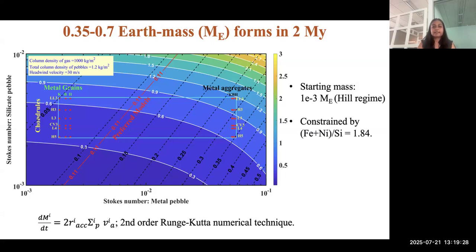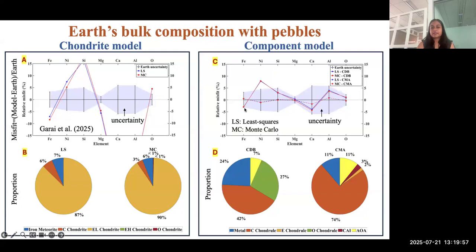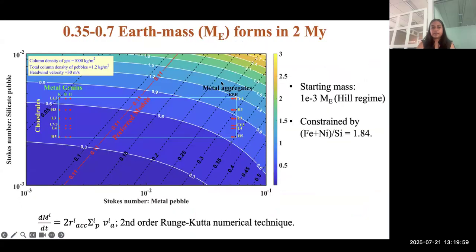Now, this red straight line is our preferred model. It is the model which matches the Earth-like iron to silica ratio, which is 2.06. So I'm starting my model from a solar-like iron to silica composition, and the outcome is an Earth-like iron to silica composition, because remember I used the proportion from this plot to match Earth-like composition.